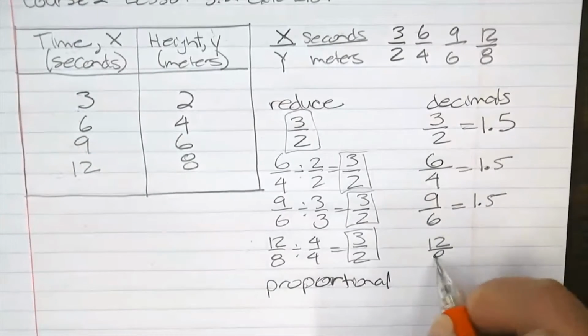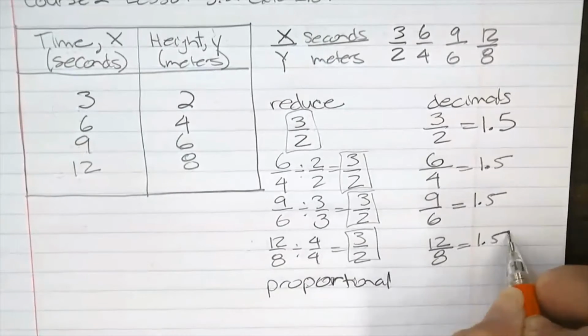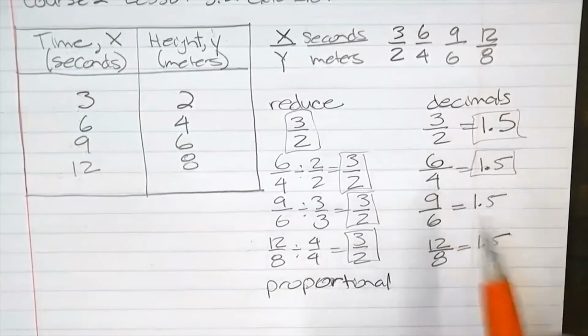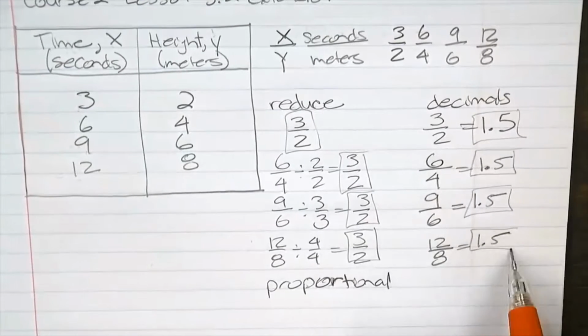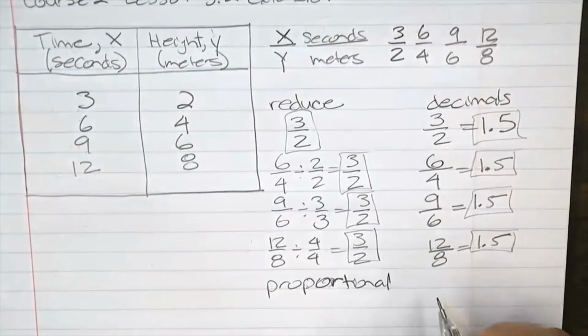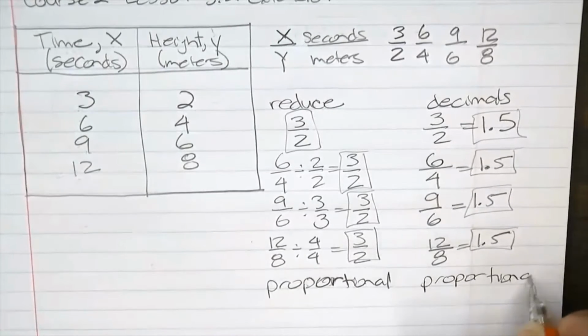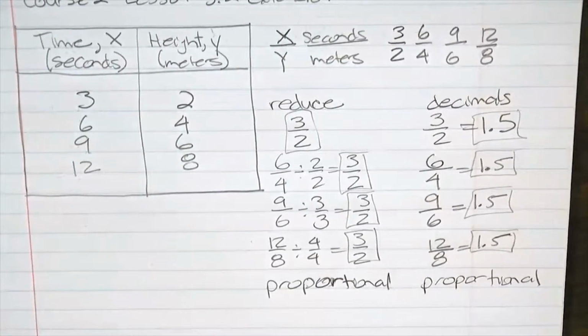And 12 divided by 8 is 1.5. When we turn the fractions into decimals, they are all the same. They are proportional. So this is everything we did yesterday.